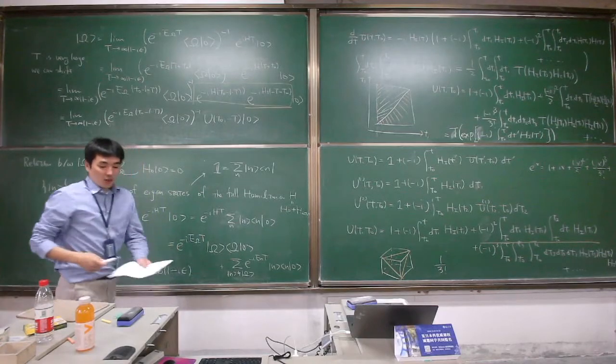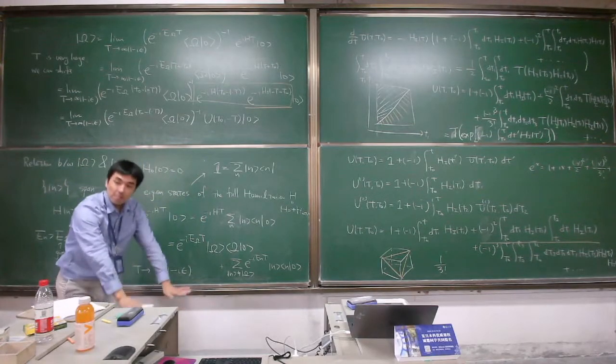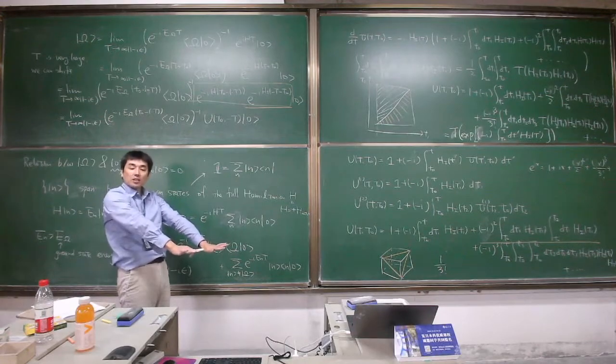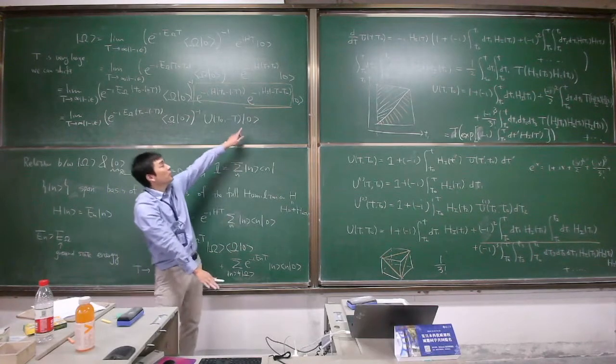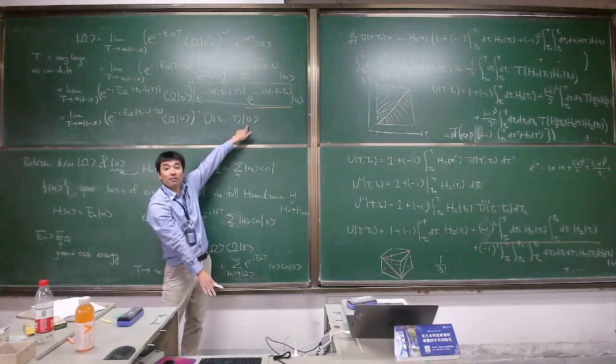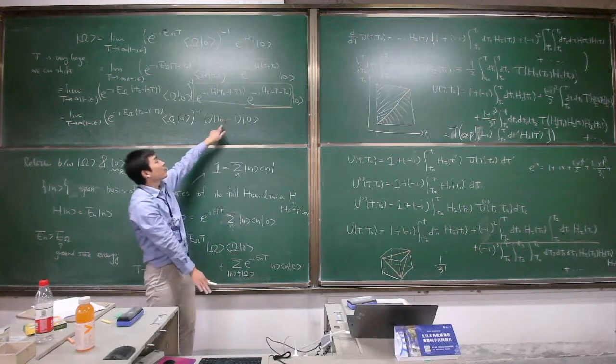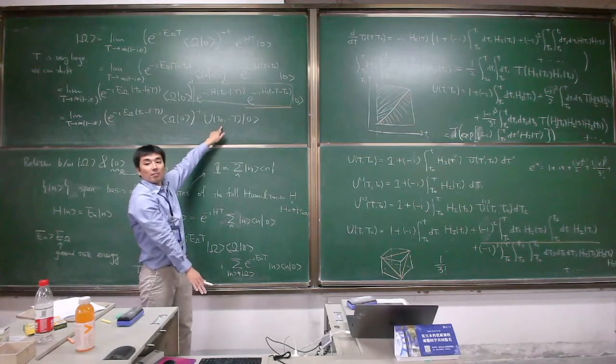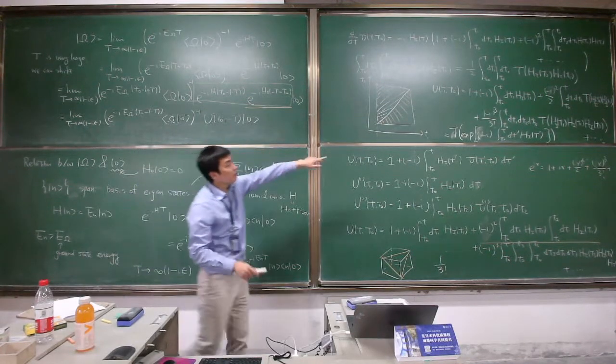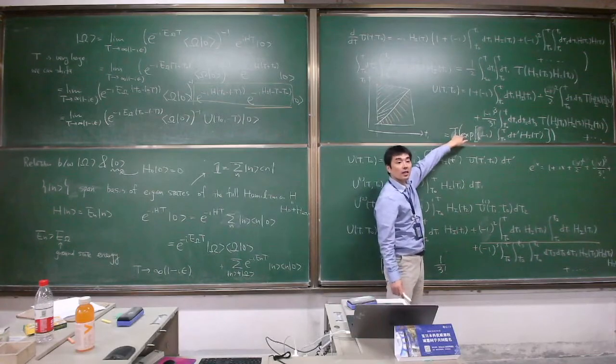So this means that at infinitely many paths, it's a long time path, you can just have the free theory, free vacuum, and let it evolve by the U operator. U is just this guy.